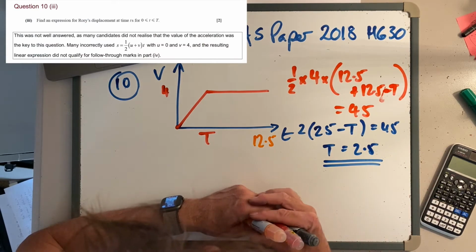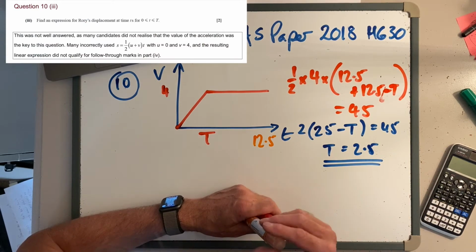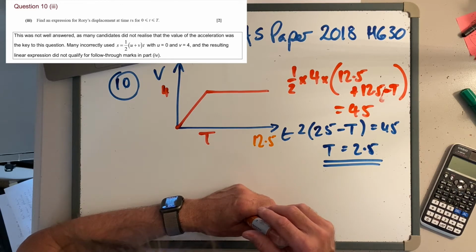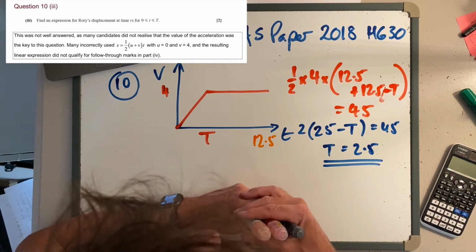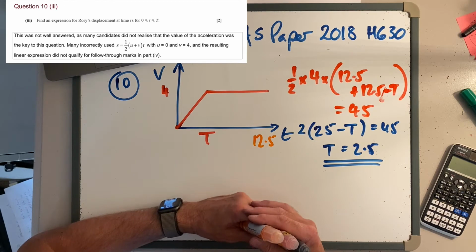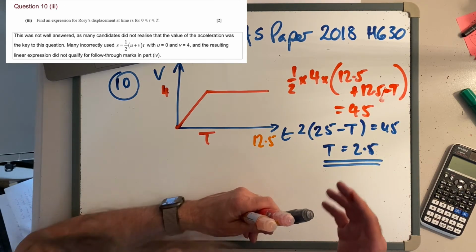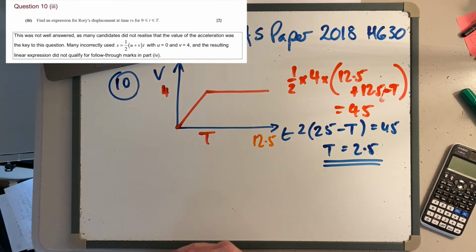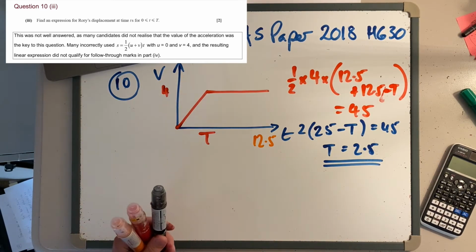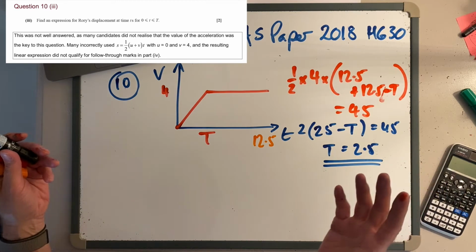Then it says find an expression for Rory's displacement at time t between 0 and capital T. So firstly, I need to know what formula I'm going to use.